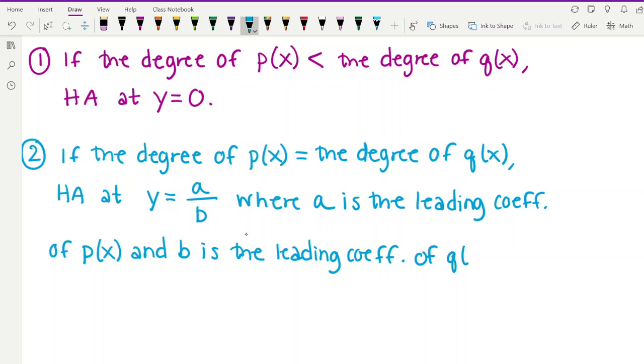So it's basically just taking the leading coefficient of each of them and dividing them, and that will tell you where your horizontal asymptote is.